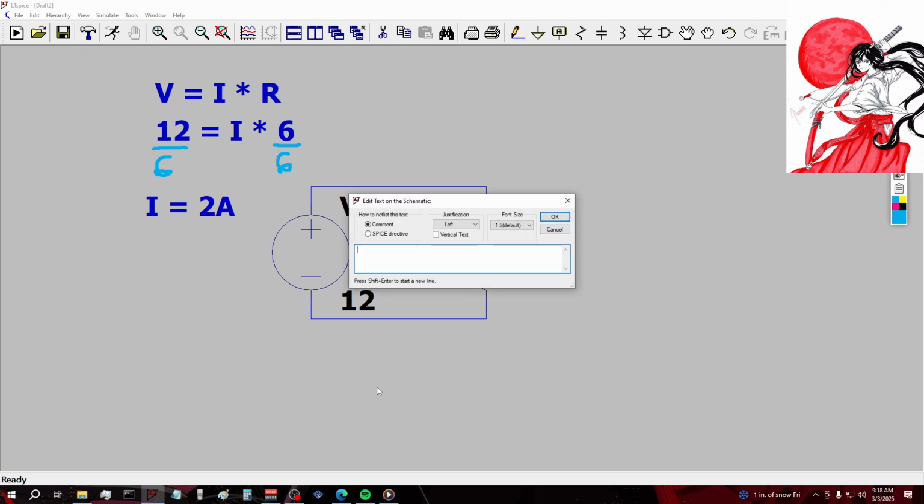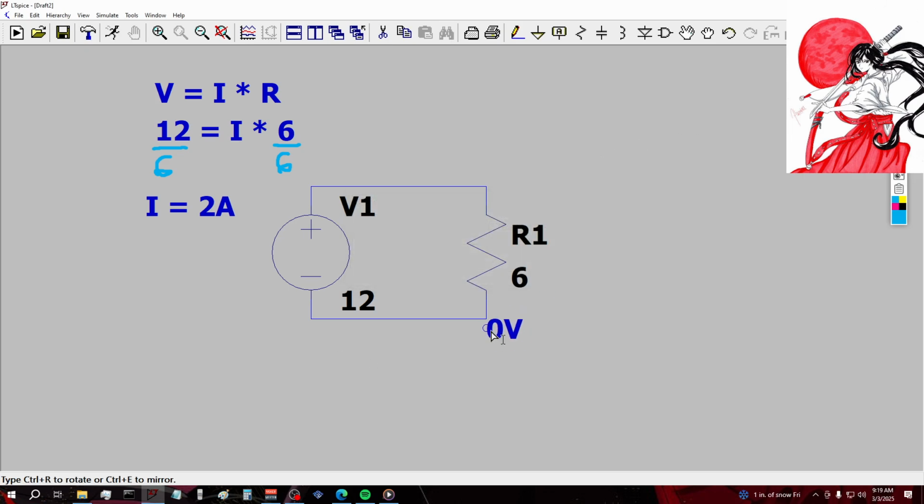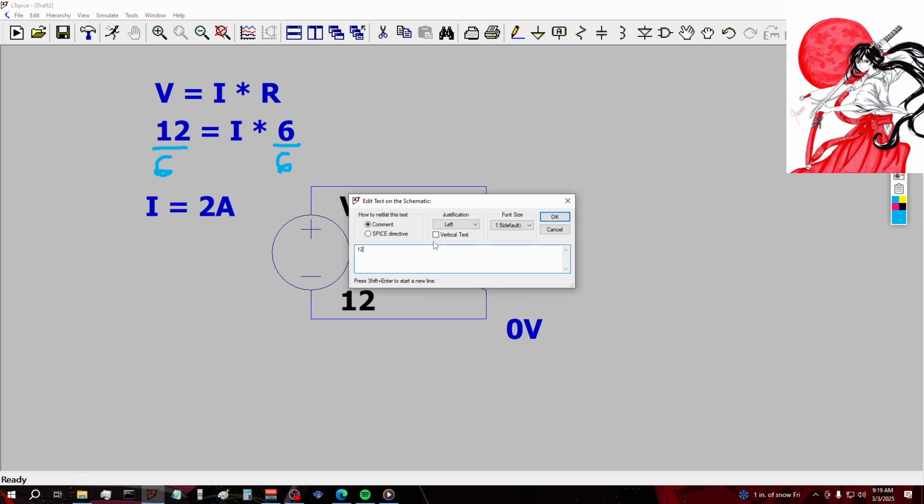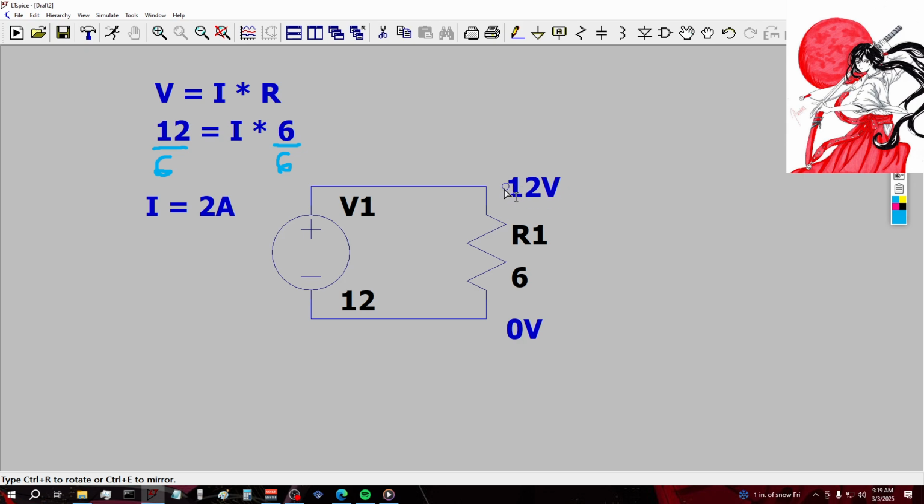All right. So we're gonna label this point 0 volts. This point right here, that's 0 volts, and this point right here is 12 volts. And I'll start doing that from now on, just to get the voltage difference through your head, right? All right.